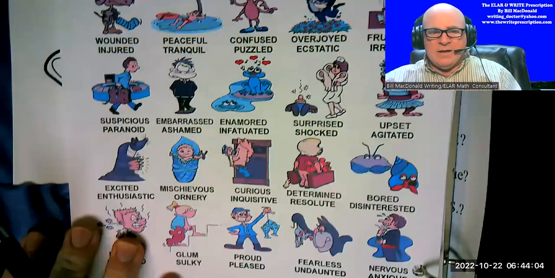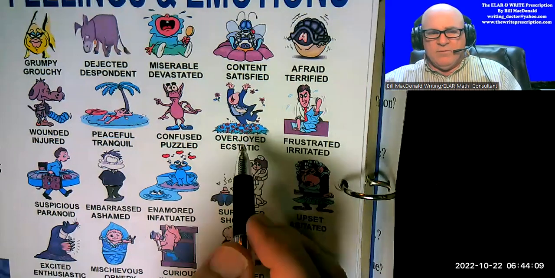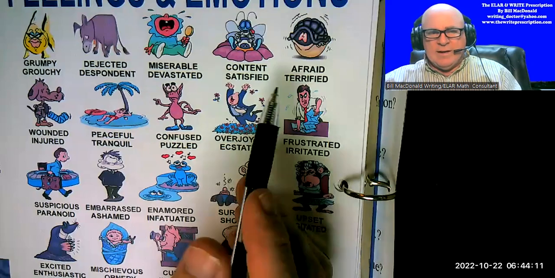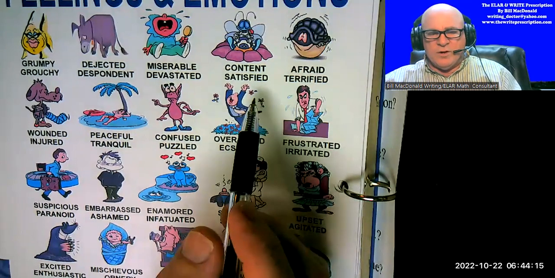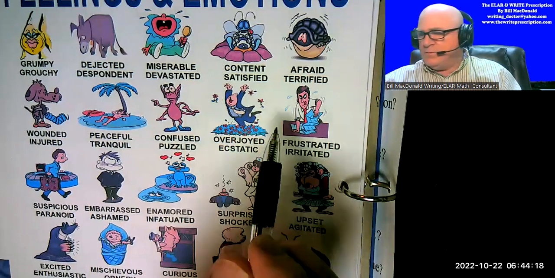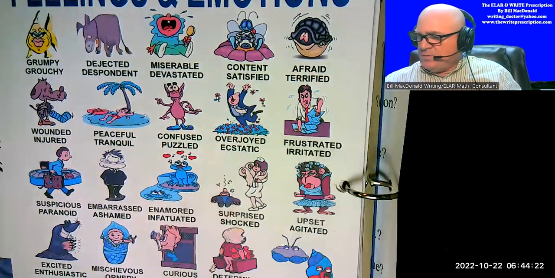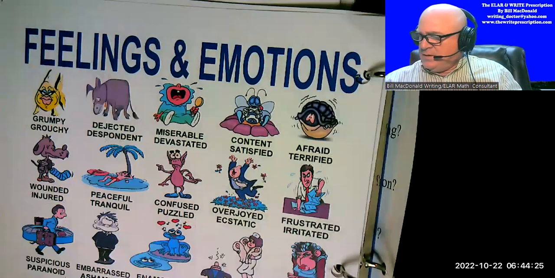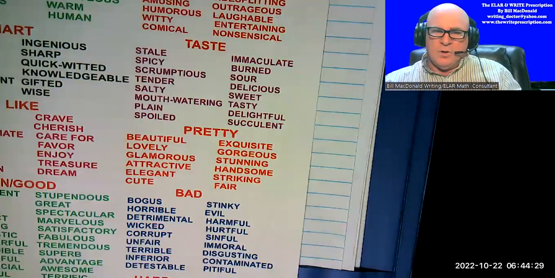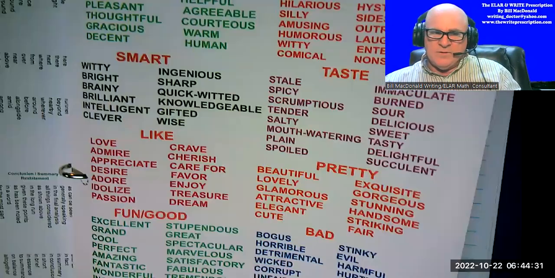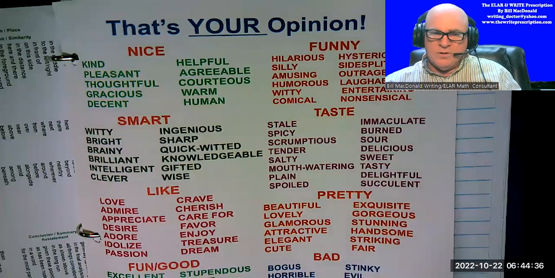So if every kid has one of these in their writing and reading folders or binders, you can highlight them and then they can circle based on this question. Oh, these kids are overjoyed and ecstatic. So what I did to help you with that is I also included, since your personality is sometimes expressed by your opinion, a whole page of just opinion words.